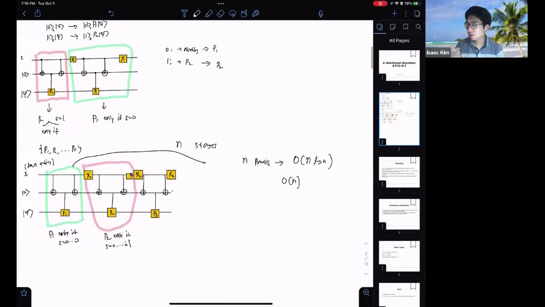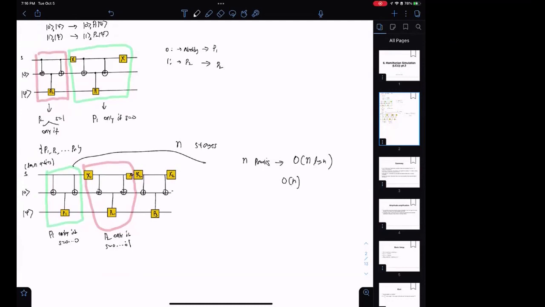Are there any questions about this? Is any of these schemes implemented in an actual quantum computer, like the Google computer or whatever?